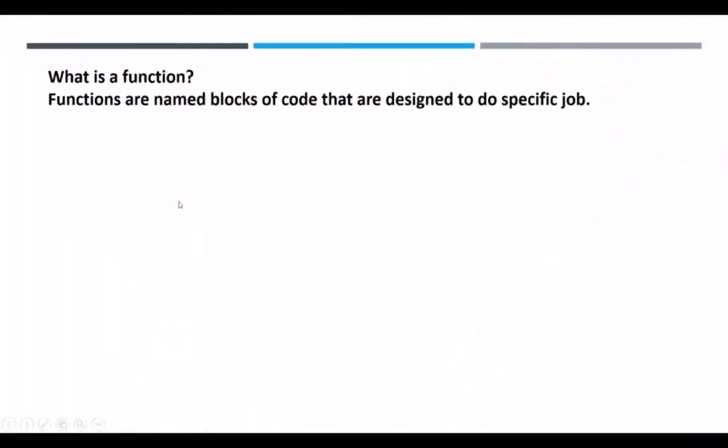We have already discussed what a function is. A function is nothing but a named block of code that is designed to do a specific job. We learned in our previous lesson what a function is and what the use of a function is.